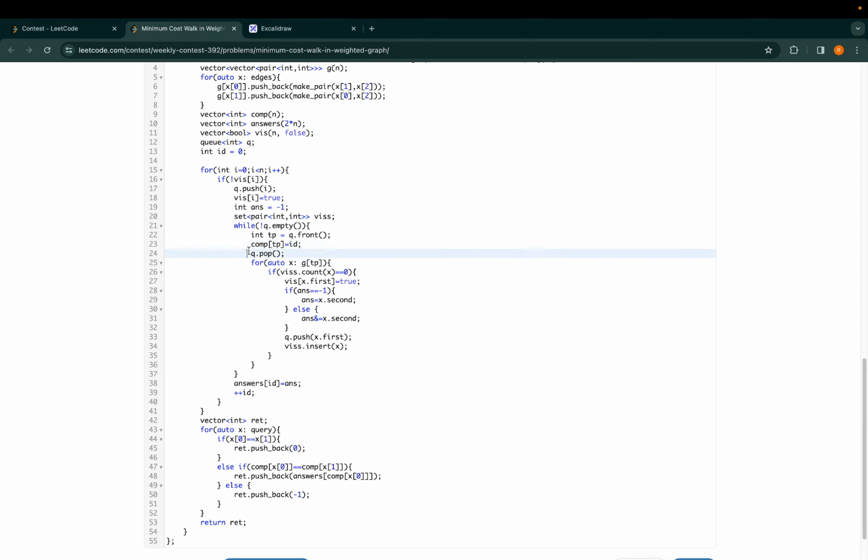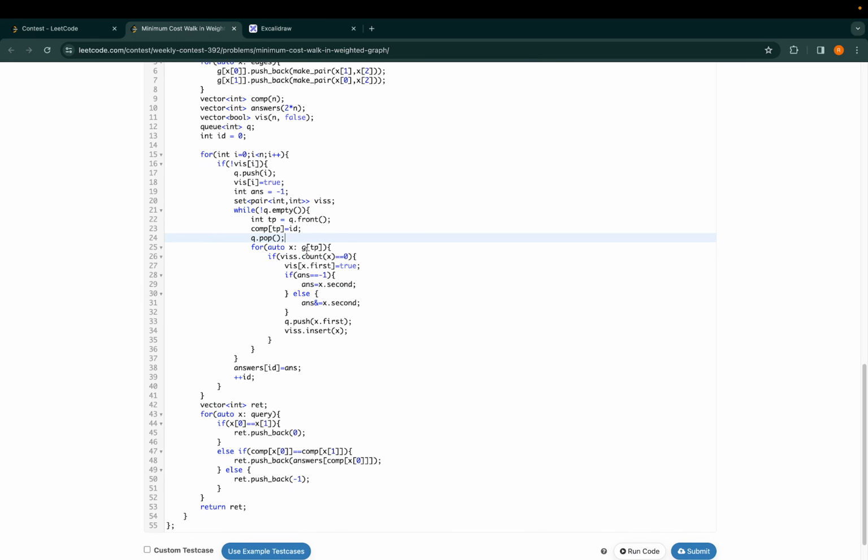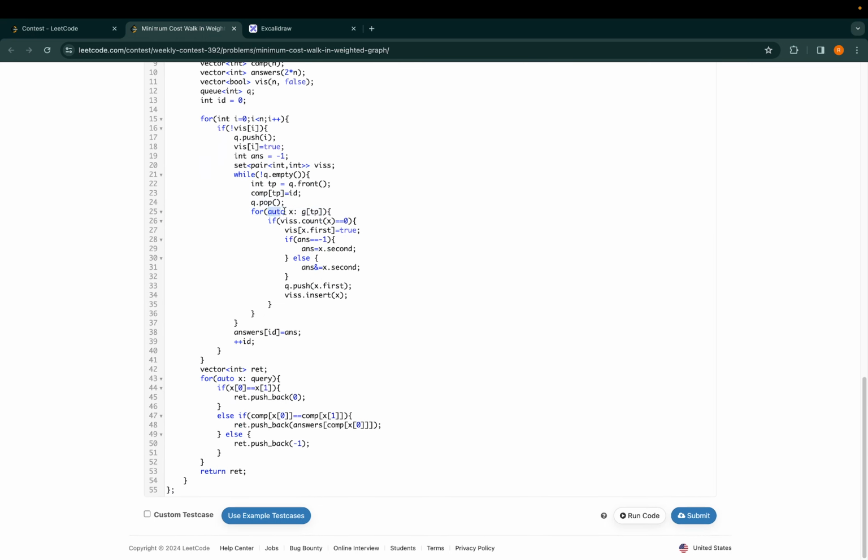Okay, just do a queue.pop, a normal BFS, and we visit all the nodes that are starting from this node that has been popped. And now we check if inside our set of pairs, that particular combination of node and weight has not been visited. So if its count is 0, then we do want to visit it, and visit as in we'll push that inside this set of pairs, just insert it, and we'll do our answer thing over here.